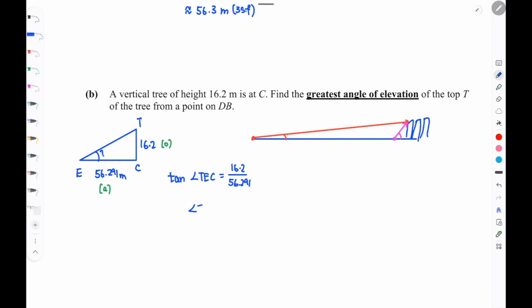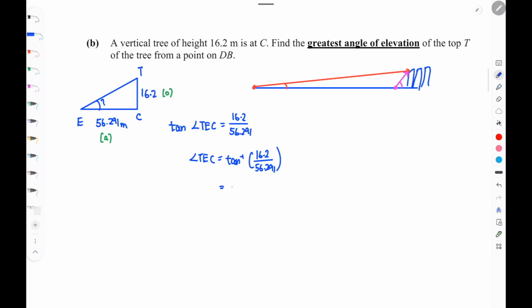Okay, I bring my tangent over. Becomes tangent inverse 16.2 over 56.291. Okay, I type into calculator. I get 16.055, which I can round off to 16.1 degrees. Okay, so this is 1 dp. Okay, all angles will be in 1 dp.